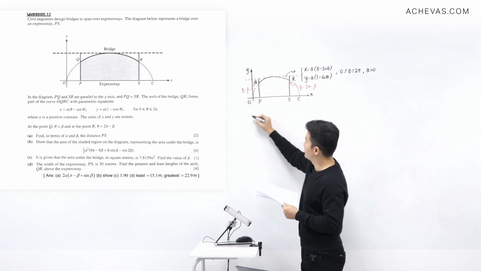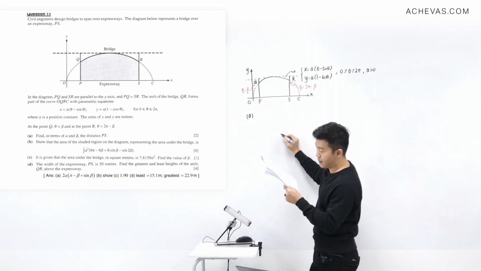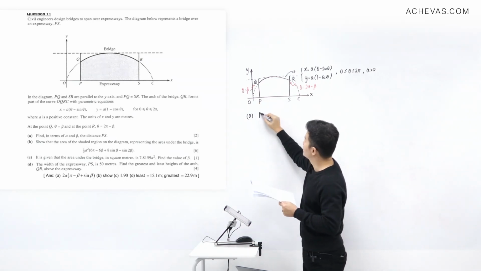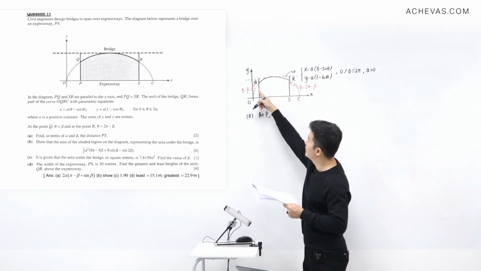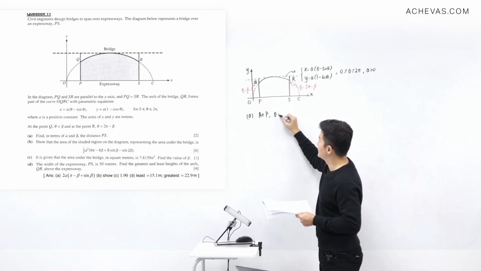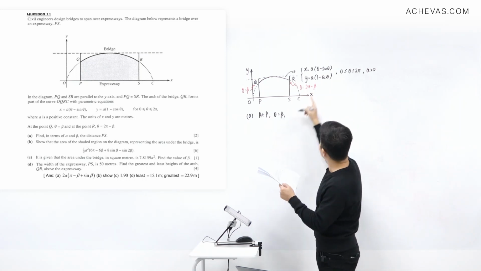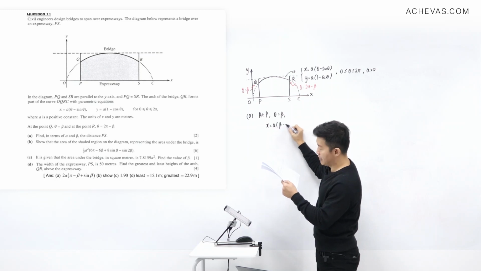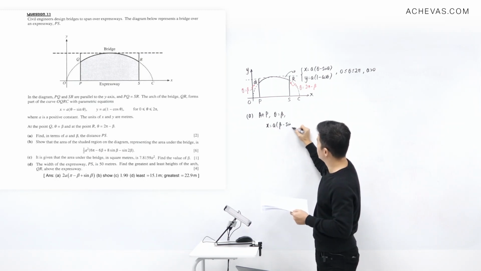So let's start by making use of the fact that theta is equal to beta here to find the x coordinate. At point P, which shares the same x coordinate as point Q, theta is equal to beta. So x is going to be equal to a times beta minus sine beta.